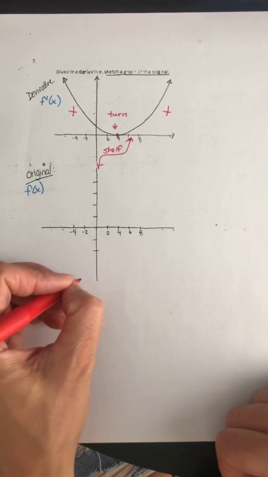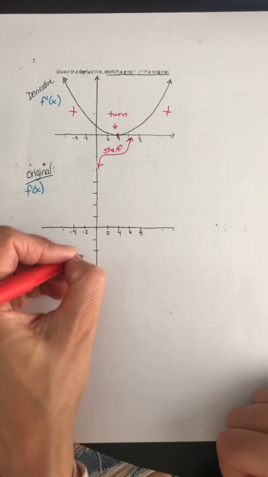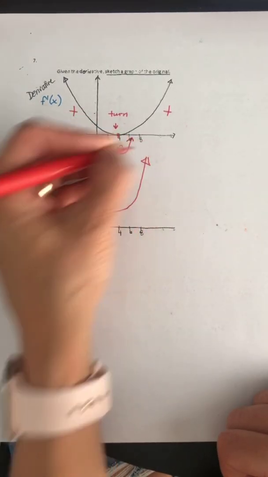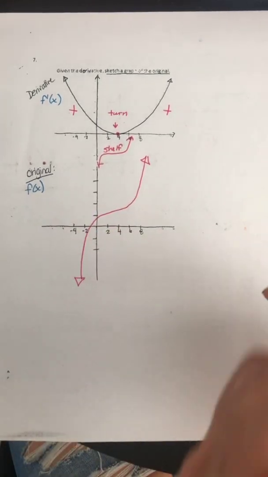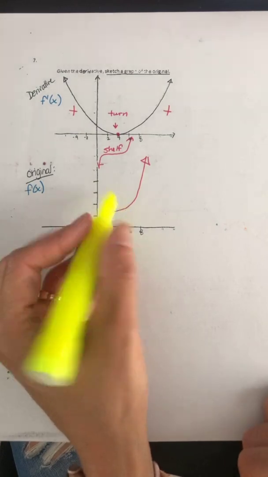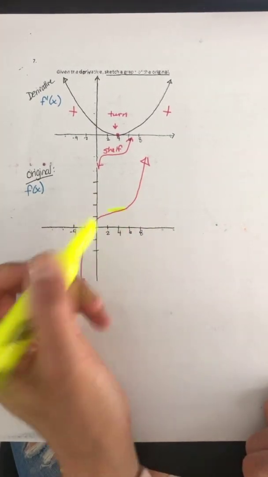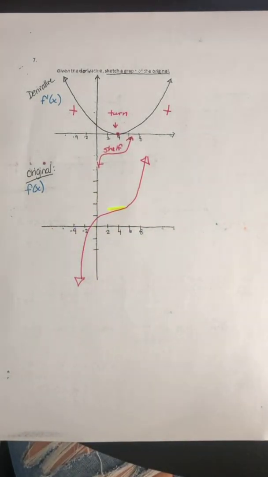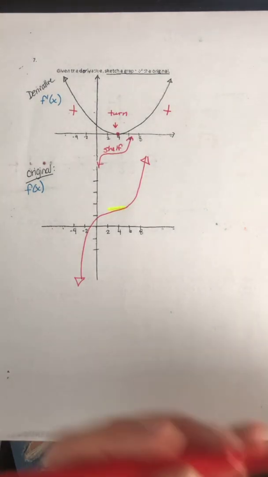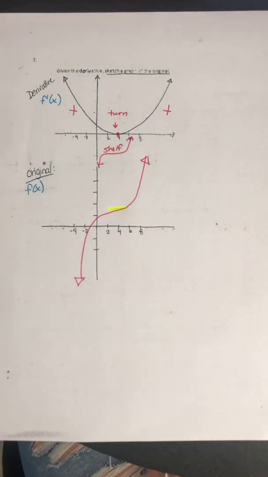So we're increasing, increasing, increasing, and then we flatten out at 4, and then increase and increase. It looks like I could have made that flatter. Just make sure that you have your horizontal tangent right there at x equals 4. And there's the original.